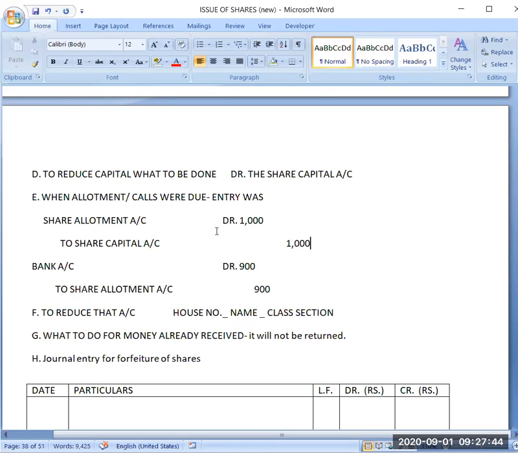It is clearly visible that it is debited with 1000 rupees, and at the same time it is credited with only 900 rupees. So there is a debit balance of rupees 100. This point is clear to each and everyone. There is a debit balance in share allotment account of rupees 100.